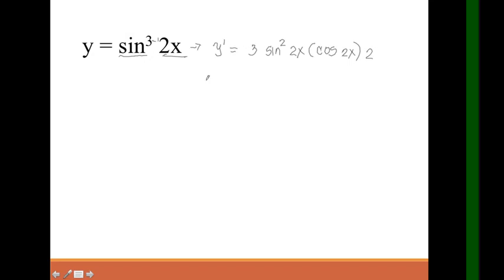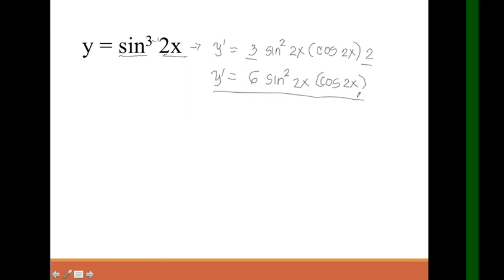And then, alright, so in this portion, we will multiply 2 and 3, and then we have sine squared 2x and cosine 2x, hindi sila pwede, so we will just copy them. So we have 6 sine squared 2x times cosine 2x. Okay, so that is our final answer for this.